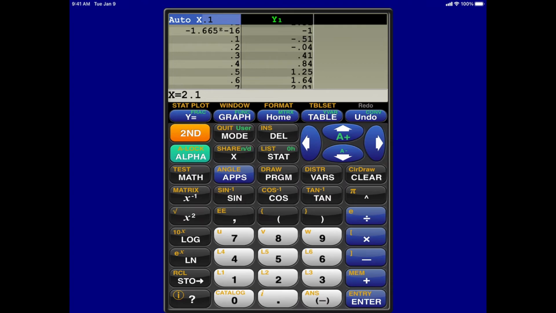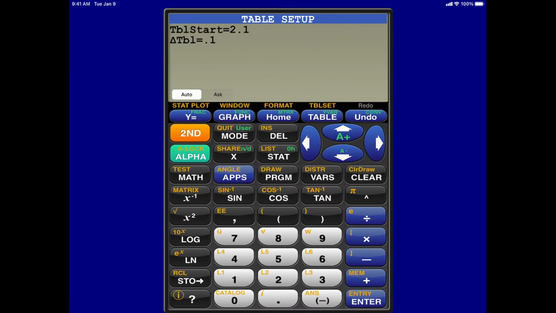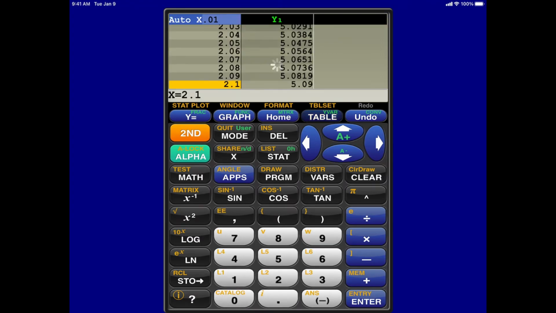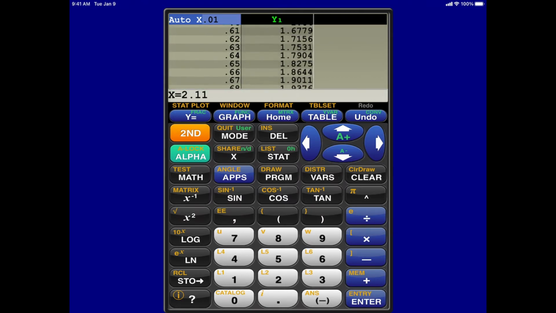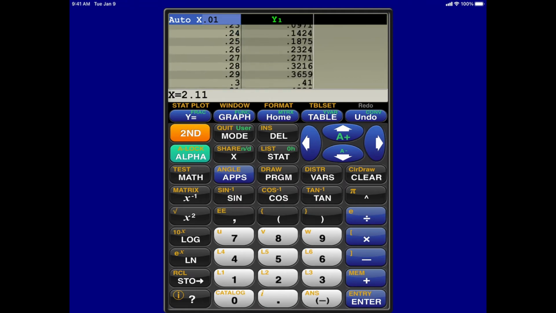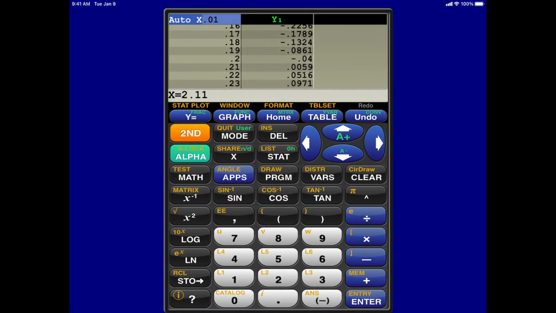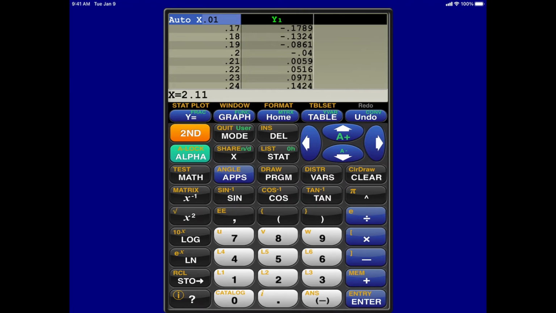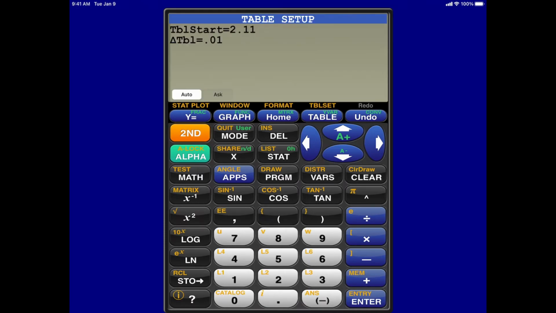Now go to table, 2.01. Remember, we knew the answer was between 0 and 1. Just scroll and find it. Right there, it's around 0.2, and you see it's negative and then no longer negative, so let's try again.